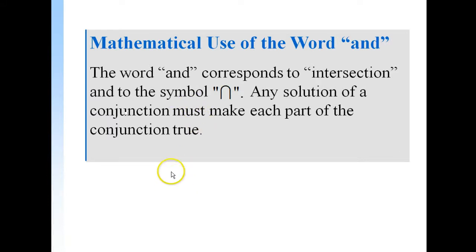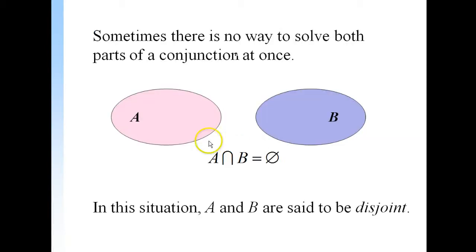So the word and corresponds to intersection, and we use this upside down U. Any solution of the conjunction must make each part of the conjunction true. That is, if you graph them where they would overlap, that is, intersect. Now, sometimes there is no way to solve both parts of a conjunction at once.